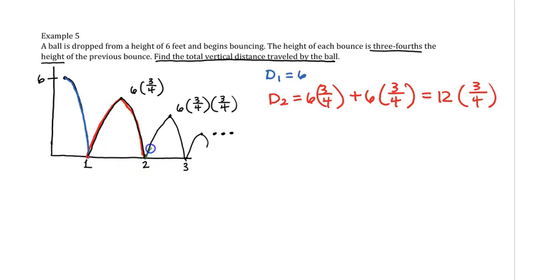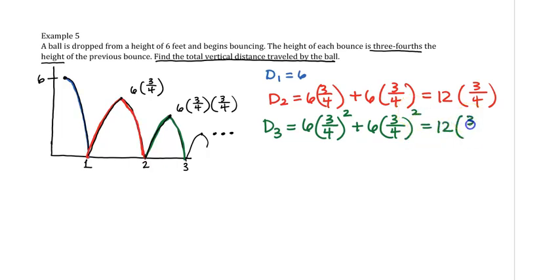I'm trying to find a pattern between these numbers. Let's see what's happening on this next piece that I'll call D3. As we went up on that first green piece, we traveled 6 times 3/4 times 3/4, which is 6 times 3/4 squared. And we traveled the same distance as we went down, to get a total of 12 times 3/4 squared.